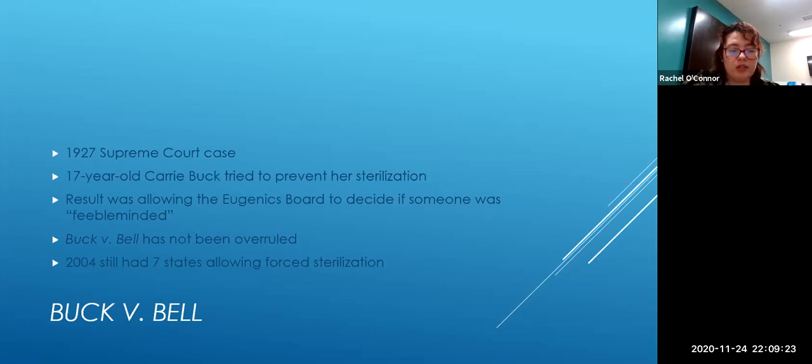Carrie Buck was from a poor area. Her parents didn't have money, and she had a lot of siblings. So poverty was seen as genetic: she would always be in poverty and her kids would be as well. It wasn't seen as structural issues; they were seen as genetic issues.